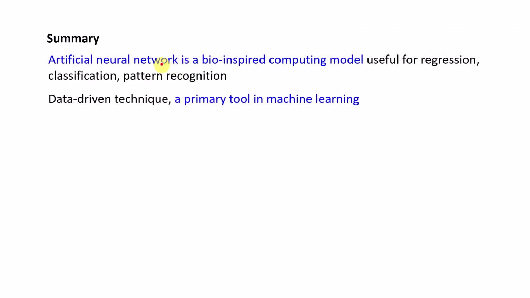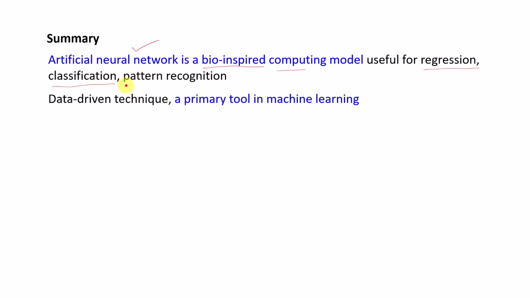Let us now summarize what we have learned so far. We have talked about artificial neural network. This is a bio-inspired computing model. This can do regression, which is quite obvious from our discussion. It can do classification. We have seen that before in our discussion of perceptron and right now in a full-fledged neural network.